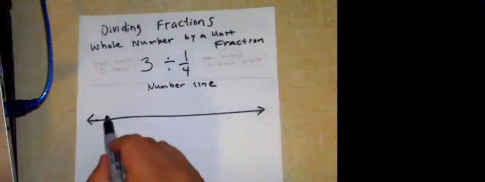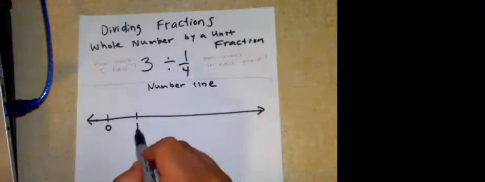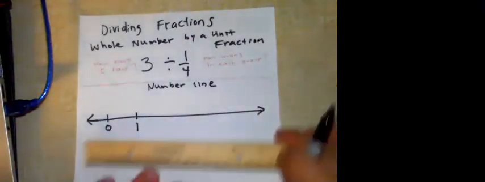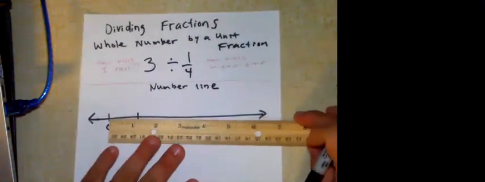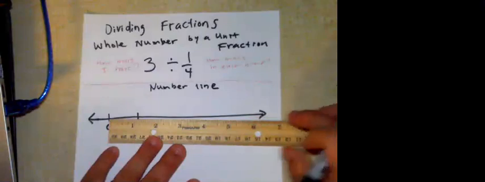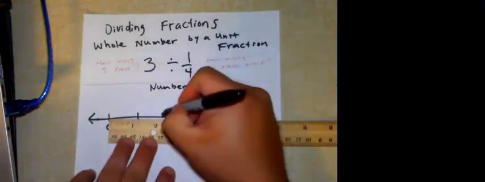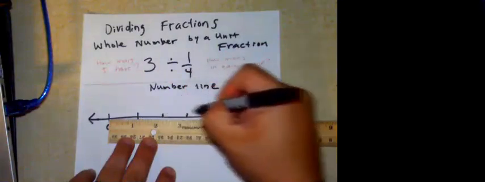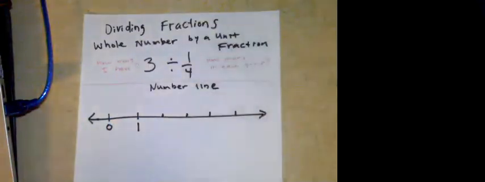So we have 0, 1, and let's try to make it even. 0, 1, 2, 3, 4, and 5.